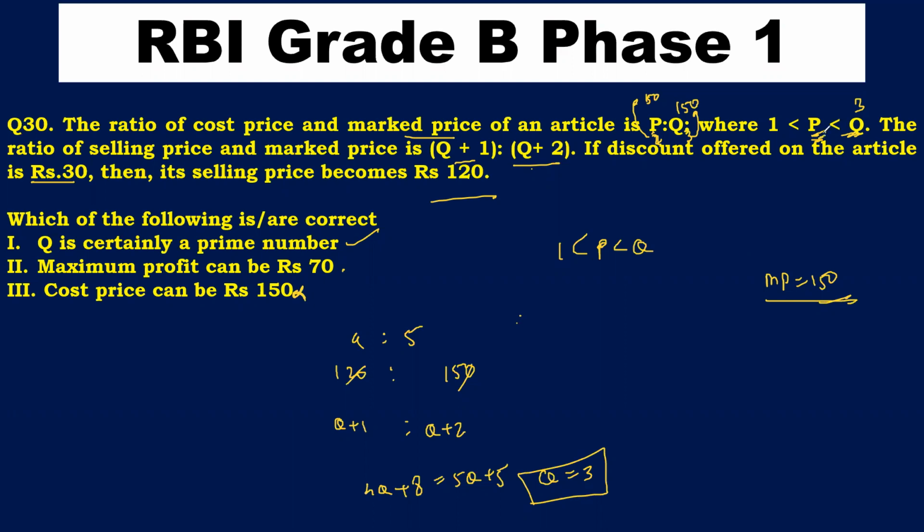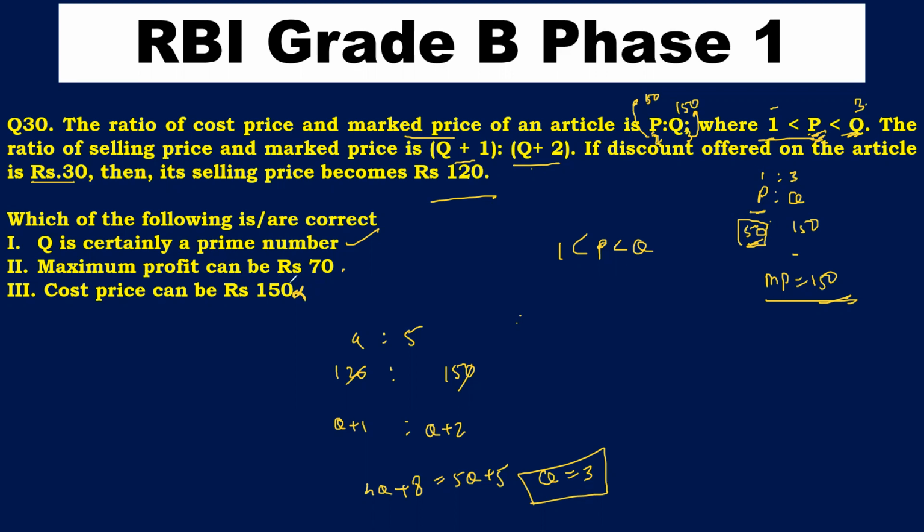But we know P should be from 1 to 3. So if P is 1, that means in the ratio P is to Q, P is 1 and Q is 3. Q already is 150, then the cost price will be 50. That means cost price has to be greater than 50 because P is greater than 1, but less than 150. So it can be 70.